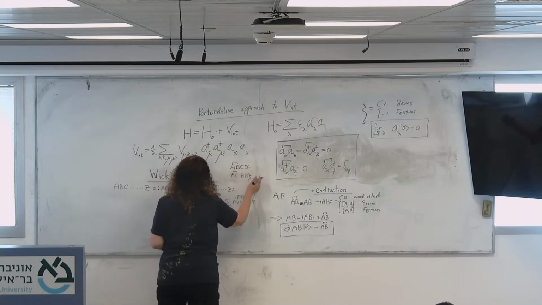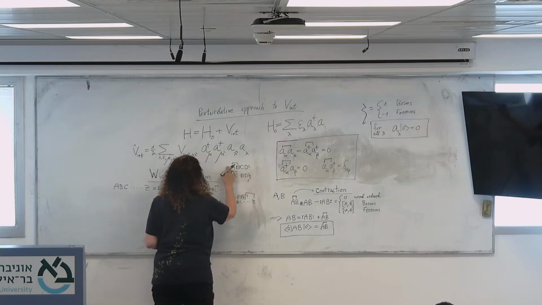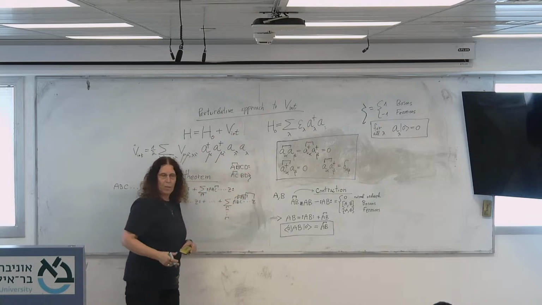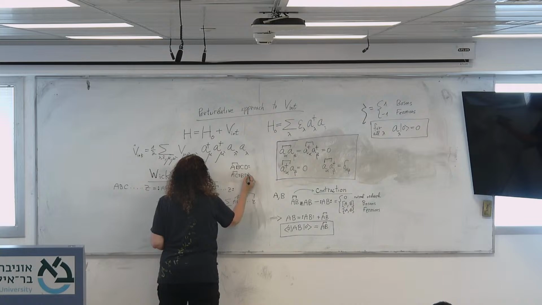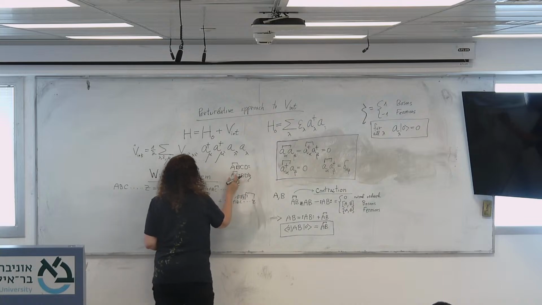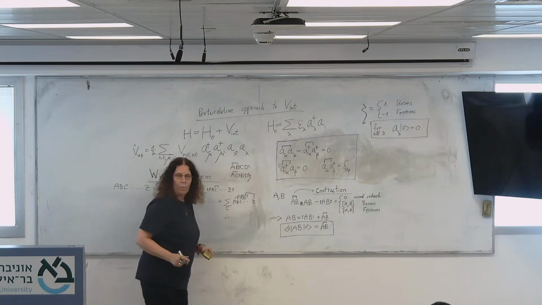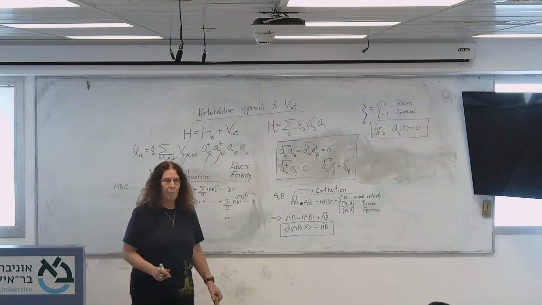And then I have another option to contract A and D, etc. But each time, when I'm doing the contraction, I get a number times a normal order of the other 2 operators.